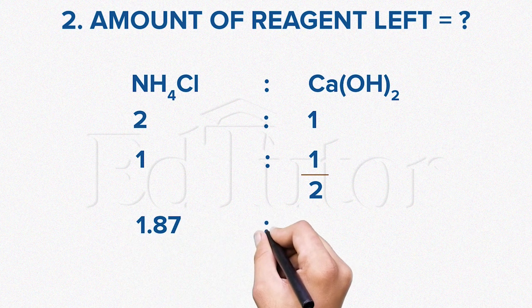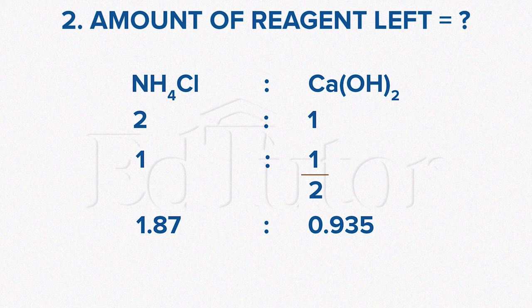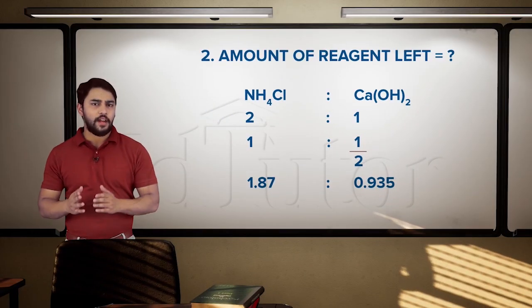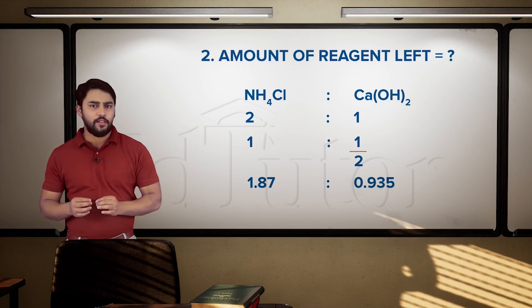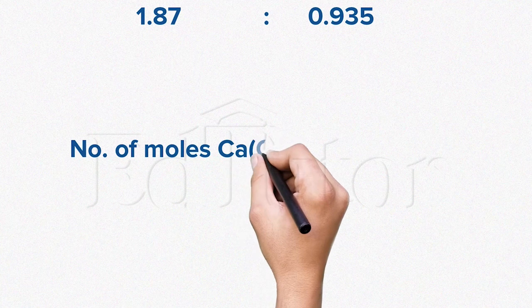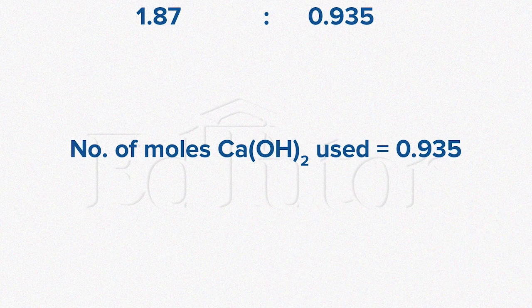Thus, 1 mole of ammonium chloride will give us 1 divided by 2 moles of calcium hydroxide, and 1.87 moles will give us 0.935 moles. Hence, we will land at the ratio of 1.87 is to 0.935. This tells us that to completely react with 1.87 moles of ammonium chloride, we require 0.935 moles of calcium hydroxide.